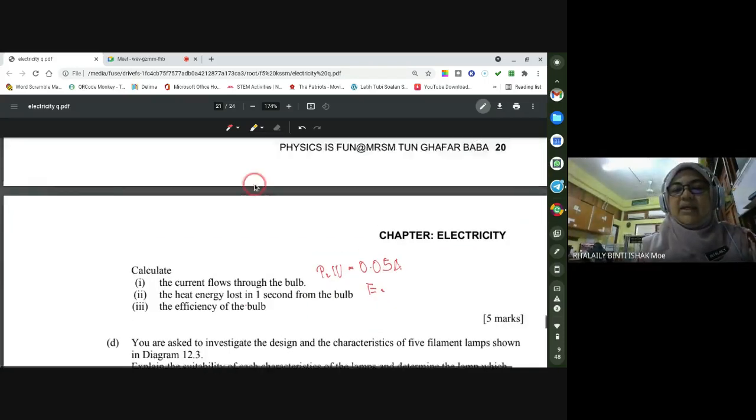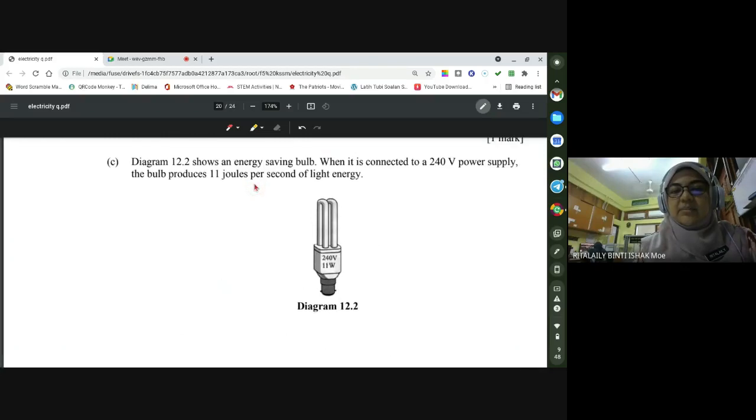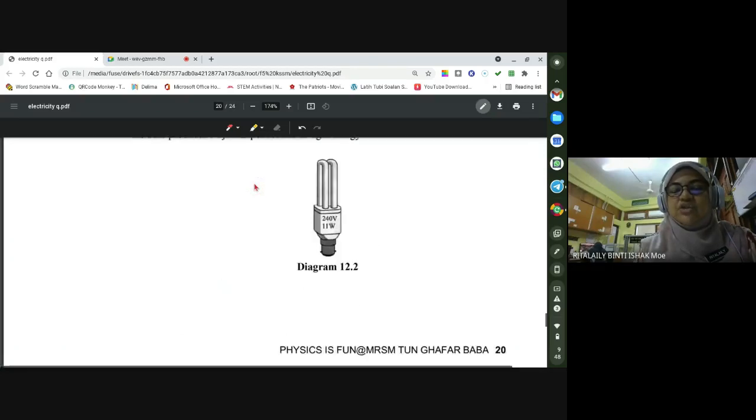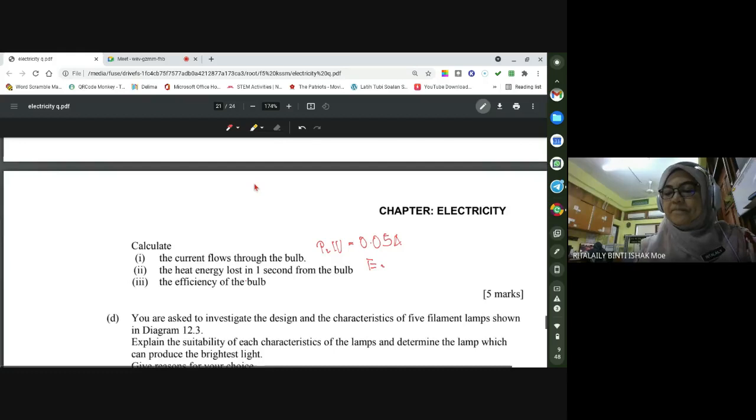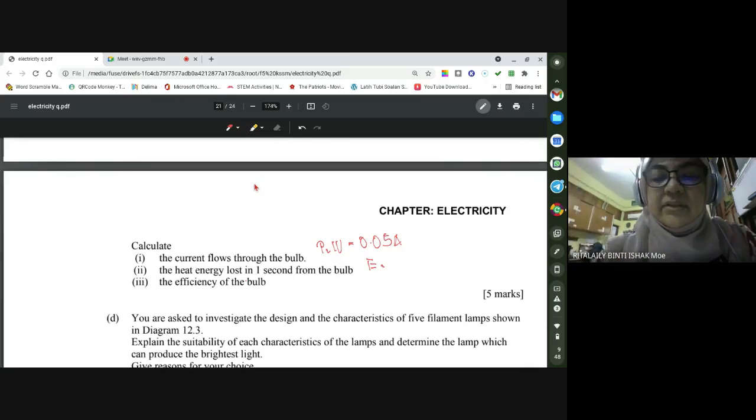Because we are given the light energy, 11 joule per second. So you use VIt. So we get 1 joule.